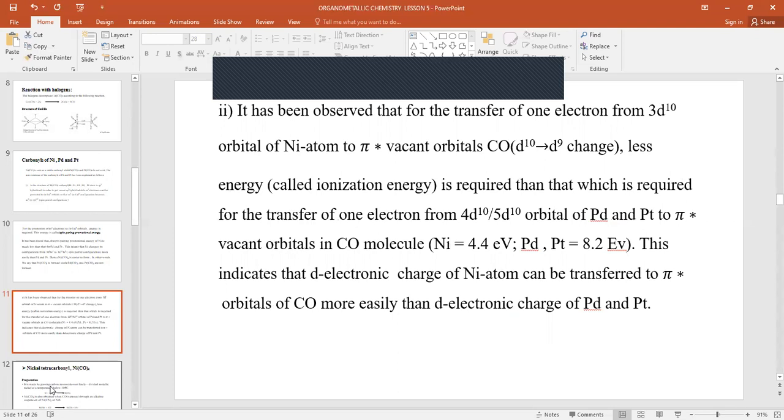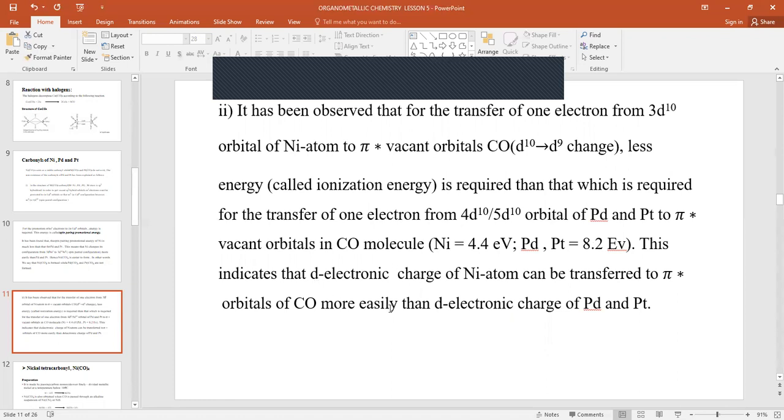When we compare the energy, nickel has got 4.5 electron volts, while palladium and platinum have got 8.2 electron volts. So that is the energy required to transfer an electron from the 3d for nickel to the pi vacant orbitals of carbon monoxide, and for palladium and platinum from the 4d or 5d, the energy is high.